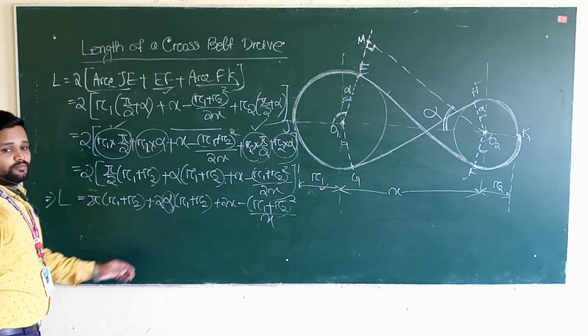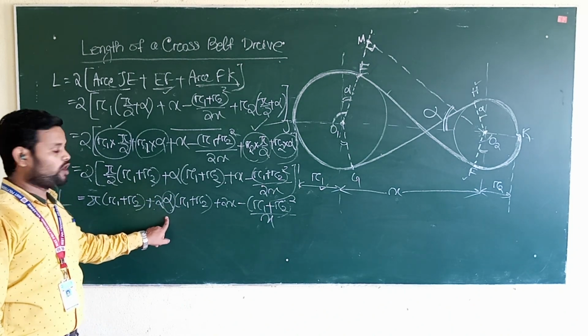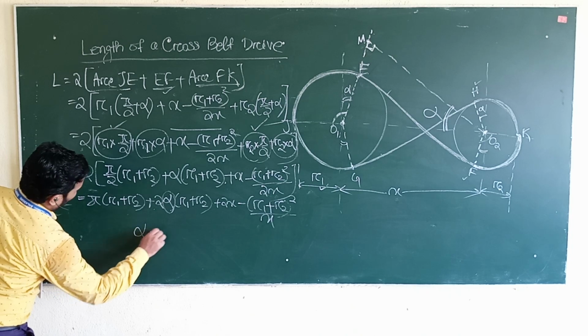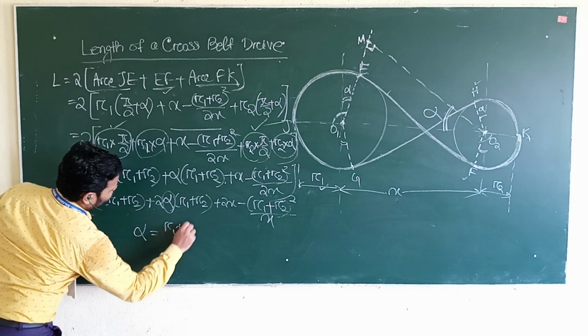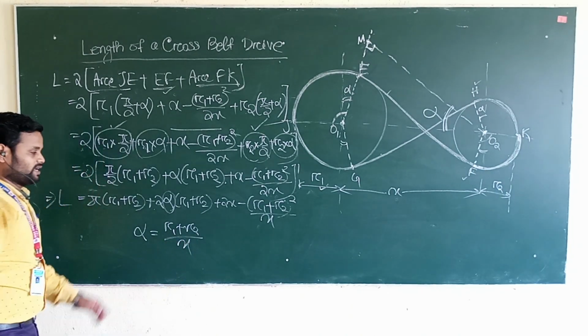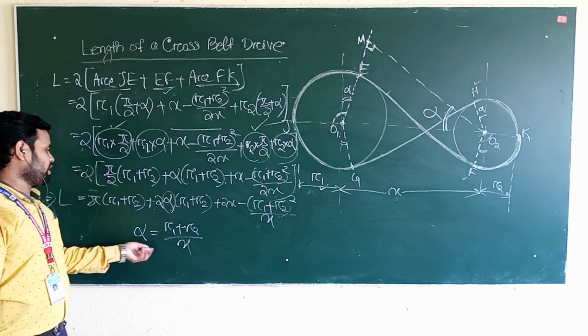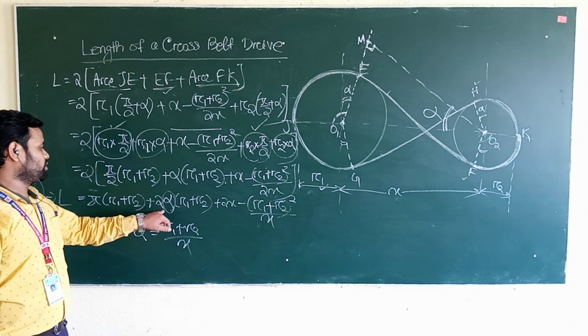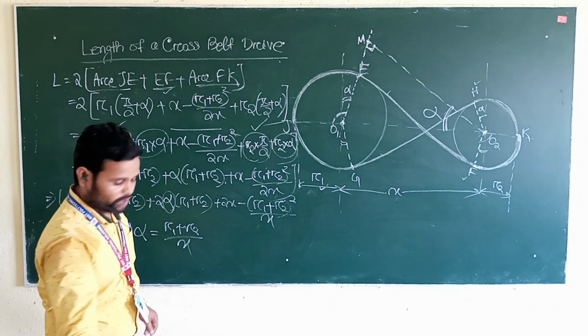So now we will put the value of alpha. We know that the value of alpha equals r1 plus r2 divided by x. Now put this value of alpha equal to r1 plus r2 by x in the above expression. So what will come?